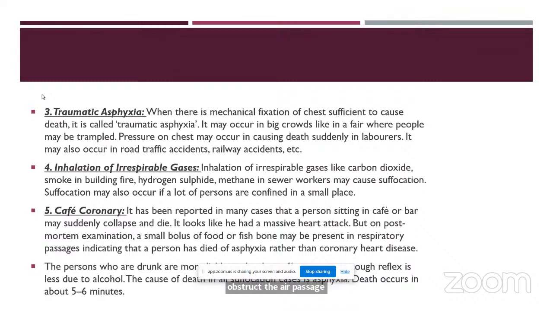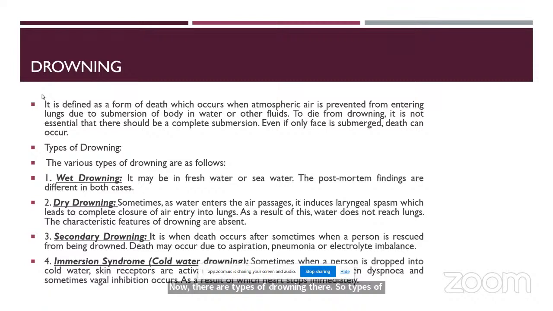Now there are types of drowning. The types of drowning are wet drowning, dry drowning, secondary drowning, and immersion syndrome. Talking about wet drowning, it can be in fresh water or in sea water.